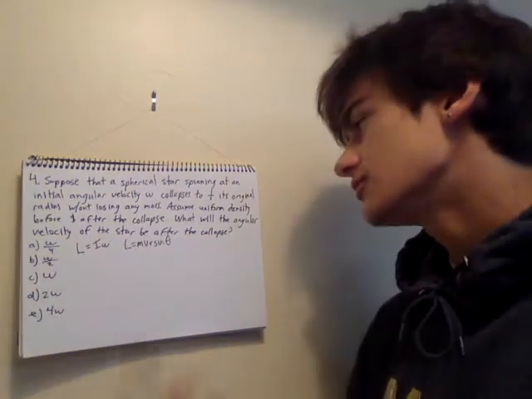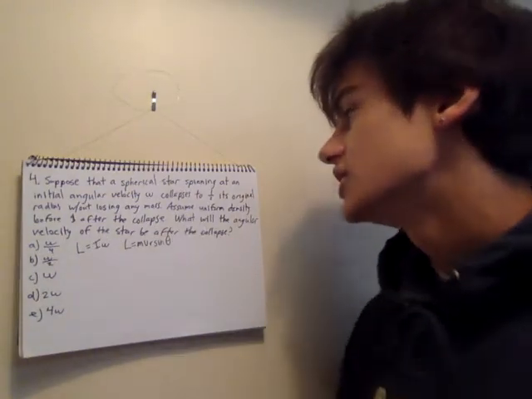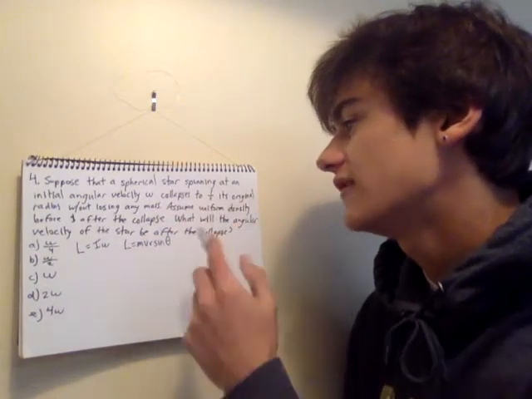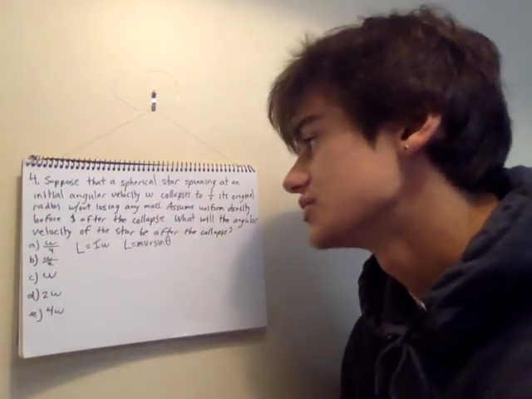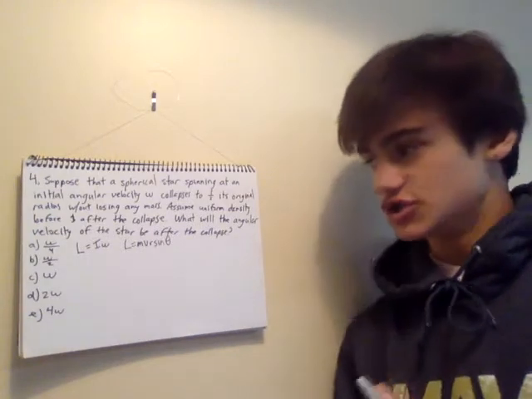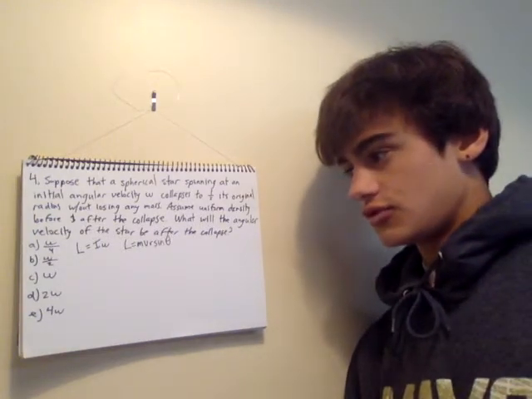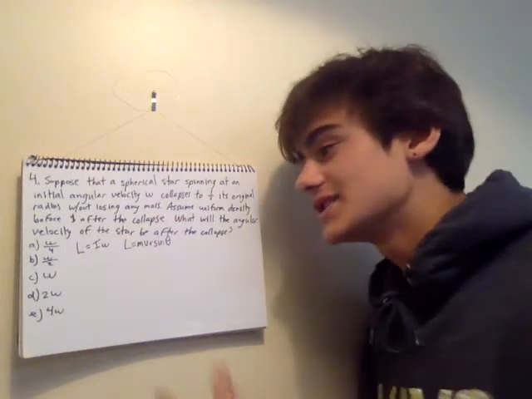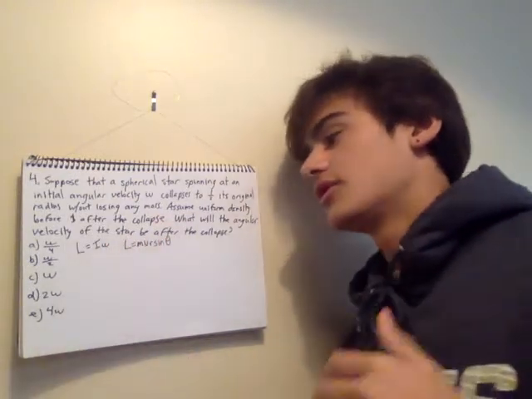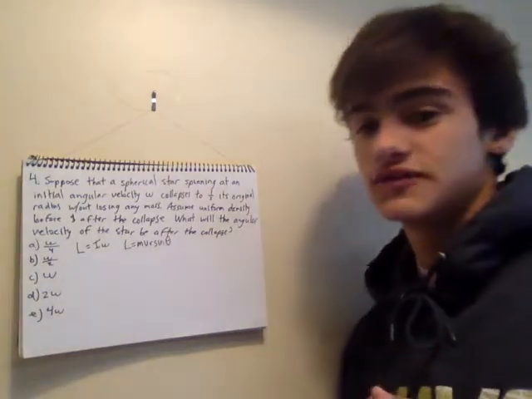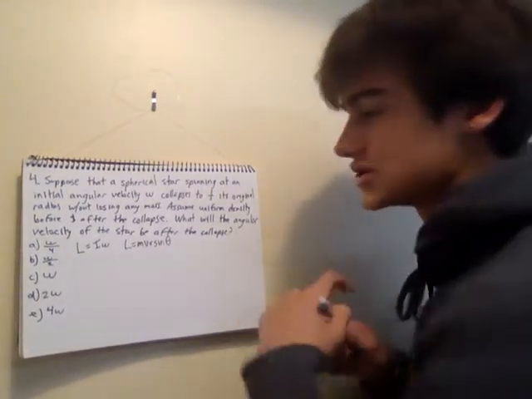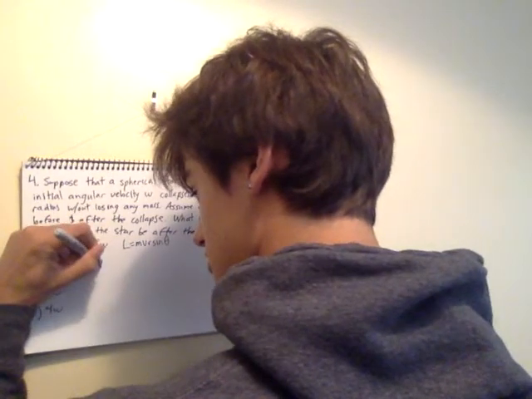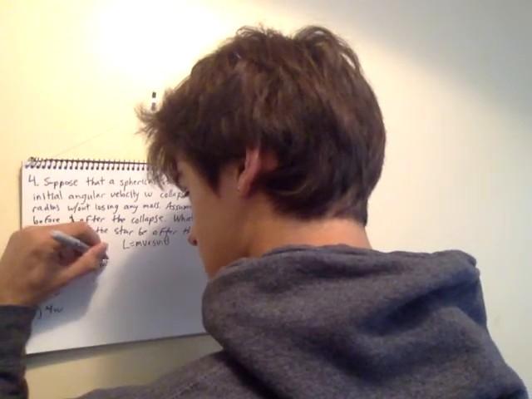Here, one of the key parts of this problem is that the star is collapsing to one half of its original radius without losing any mass. That gives me a little bell in my head to think of I, our moment of inertia, because I is essentially equal to mass times radius squared.